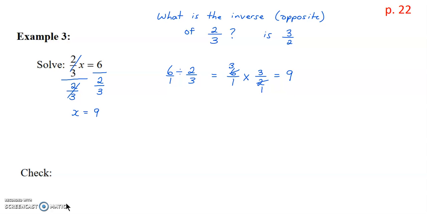But I can go a little bit faster if I recognize right away that the inverse of 2/3 is 3/2. So what I could do is take 2/3 x is equal to 6, and multiply by its reciprocal.